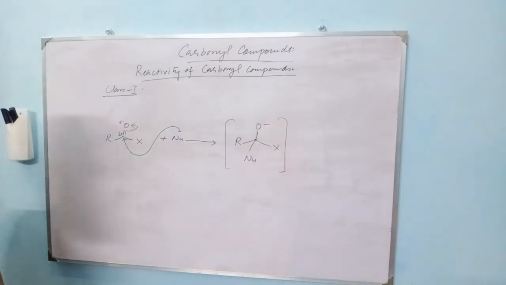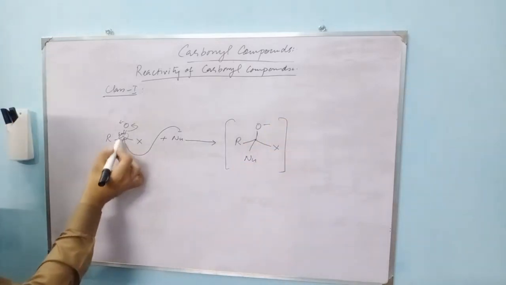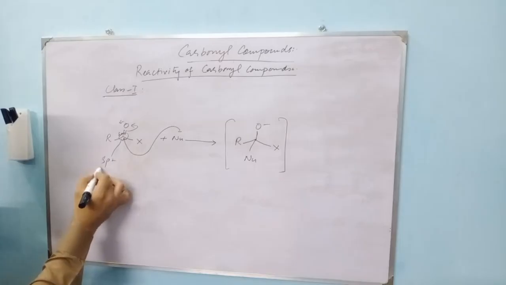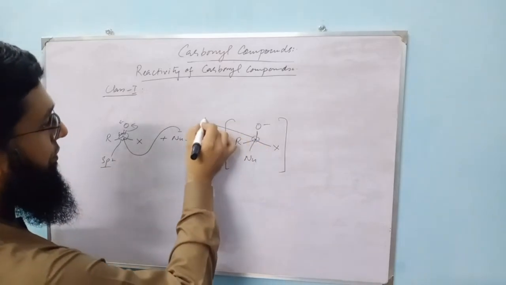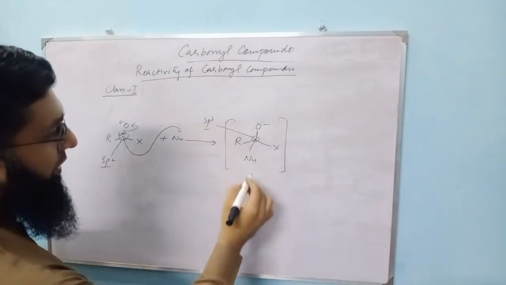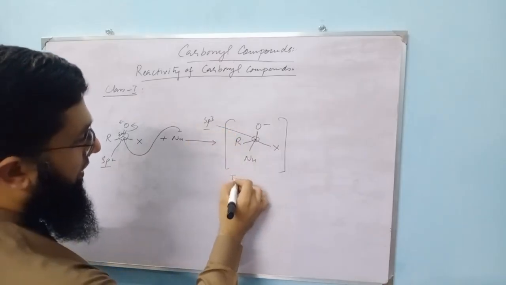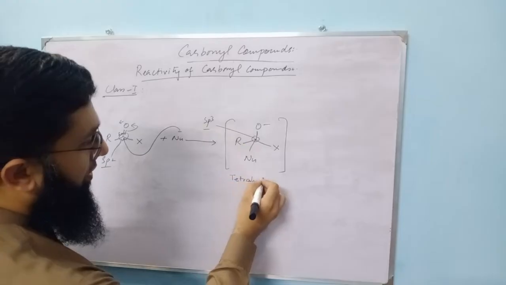Okay, here we can see this was sp2 carbon, and sp2 carbon has been converted into sp3 carbon in this intermediate, and that is why this is called tetrahedral intermediate.